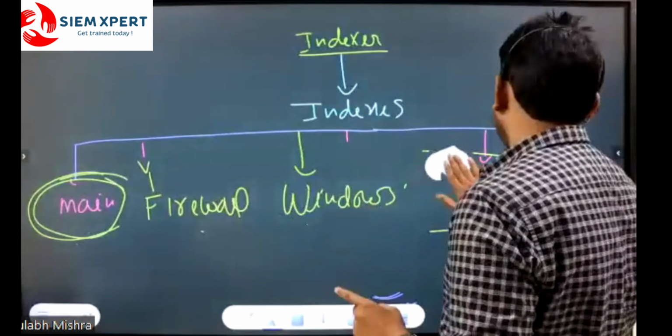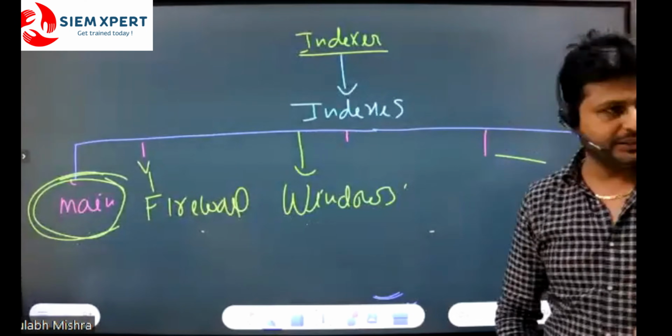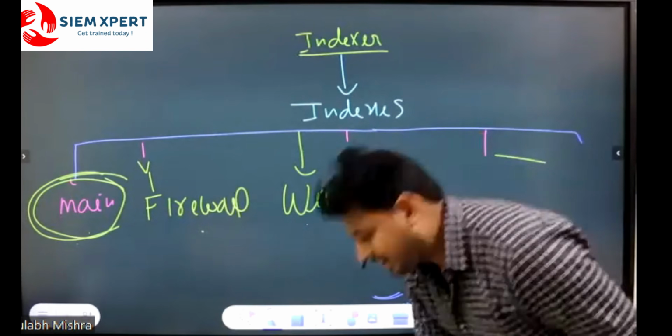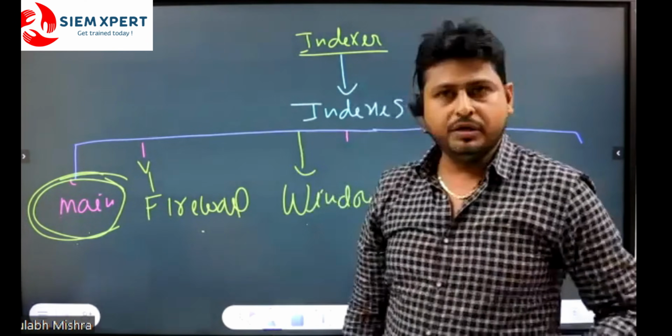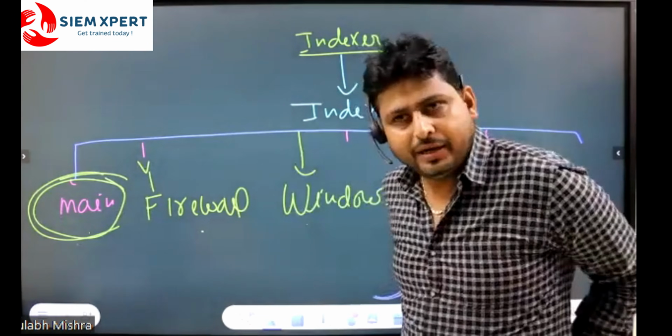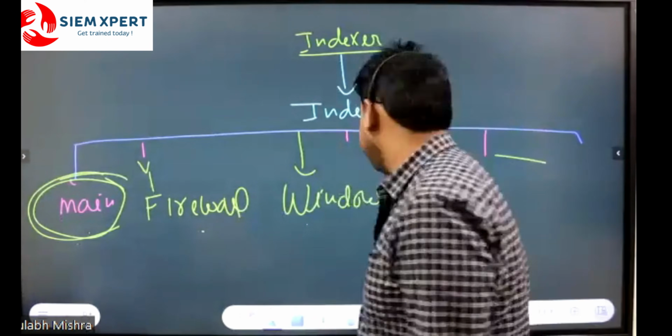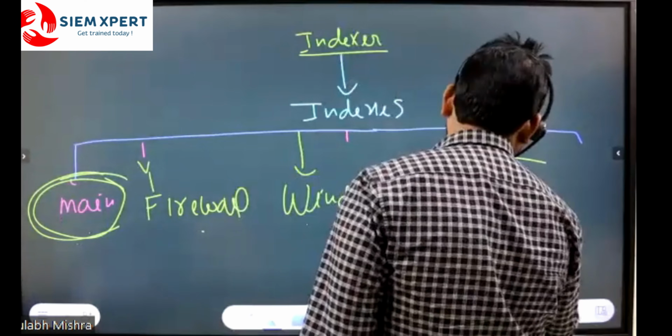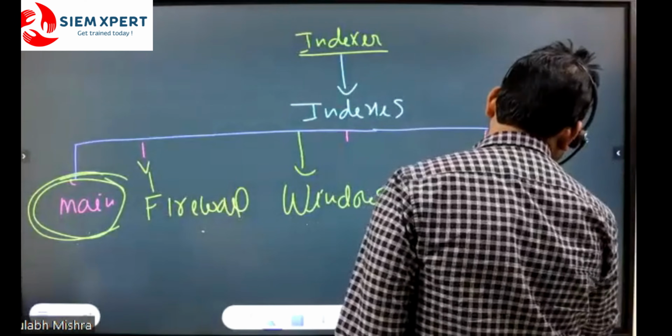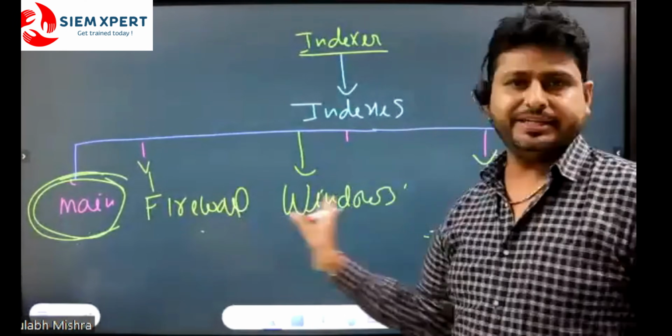You cannot delete or disable the default indexes, but the indexes you create, you can delete or disable. And you might have a database index too. These are customized indexes.